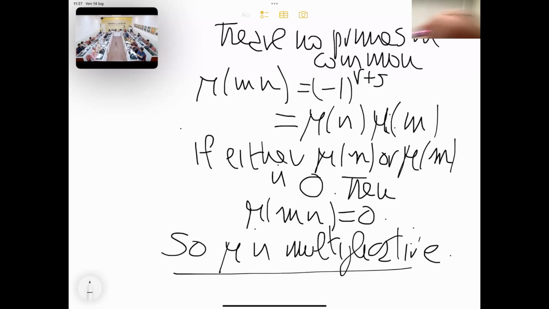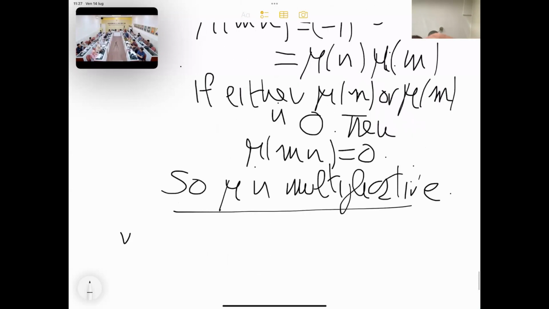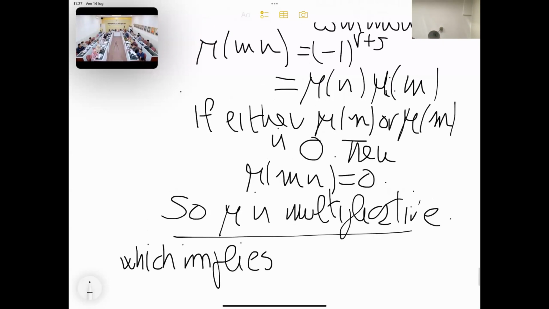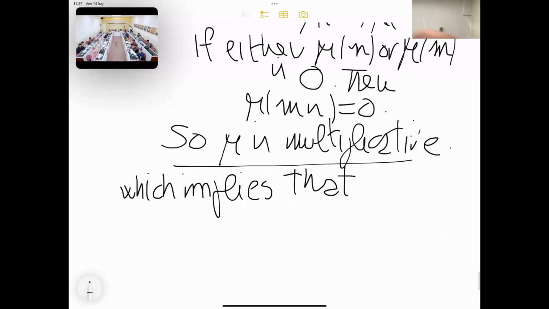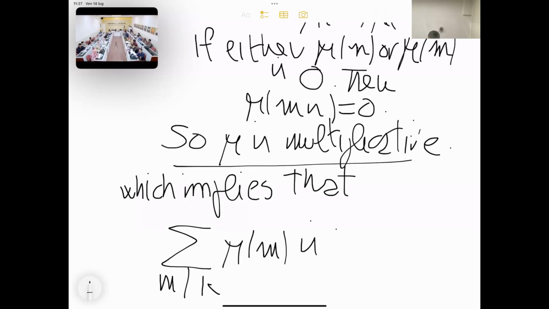Okay, which means that the sum over m dividing k of mu of m is multiplicative.